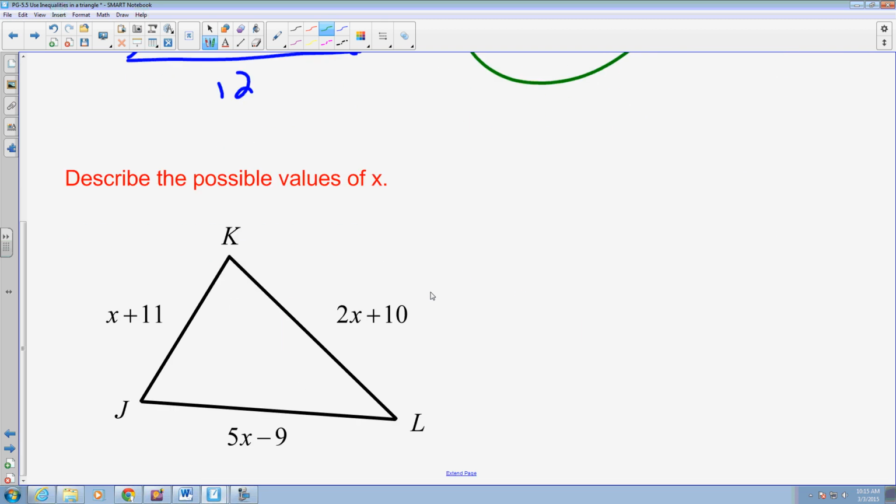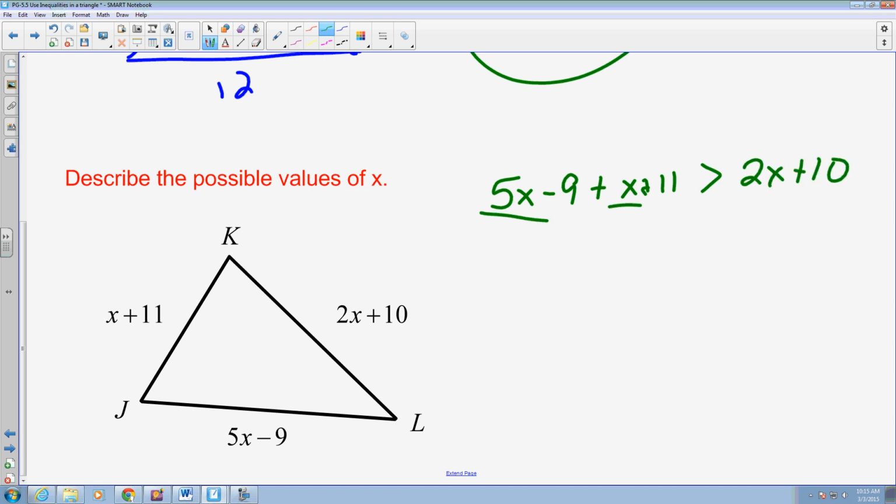Here it says describe the possible values of x. So what I'm going to do is take 5x minus 9, and add it to x plus 11, and that's got to be greater than 2x plus 10.